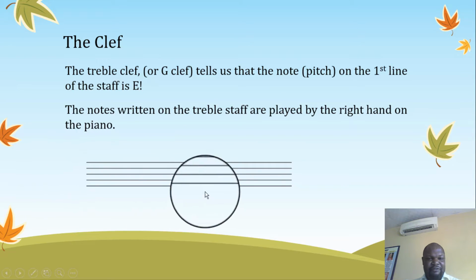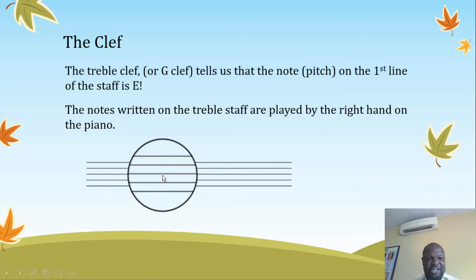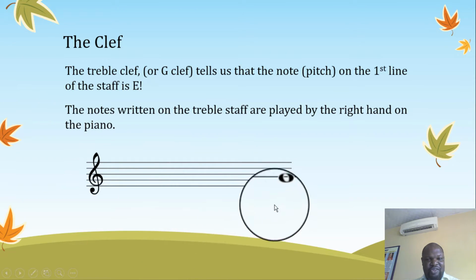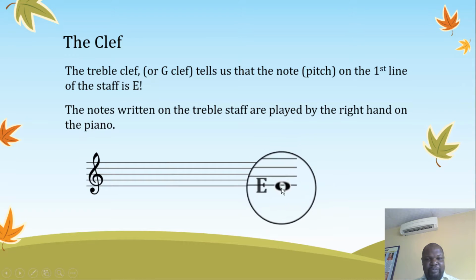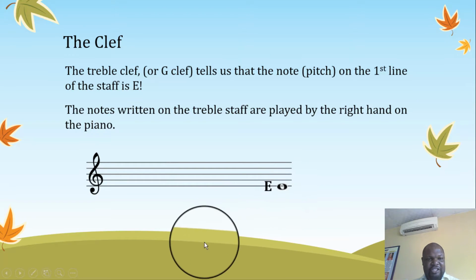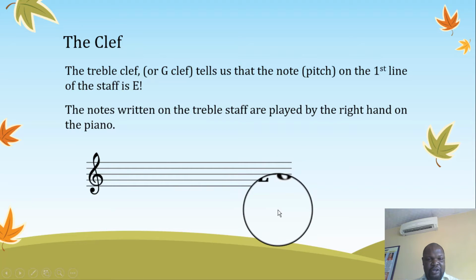As you can see, this staff right now is just empty and bare. But immediately I bring in this treble clef, you see that the pitch on that first line becomes an E. That's exactly what a clef does. It tells us the names of the notes that are on the staff.